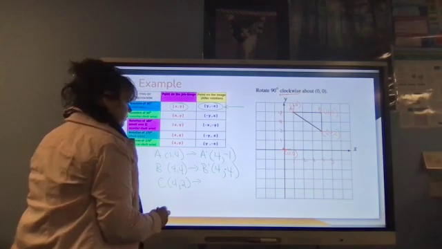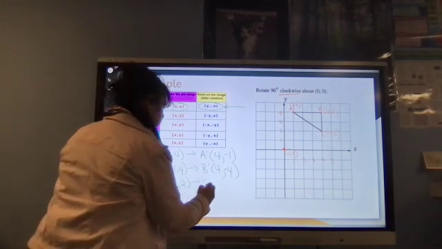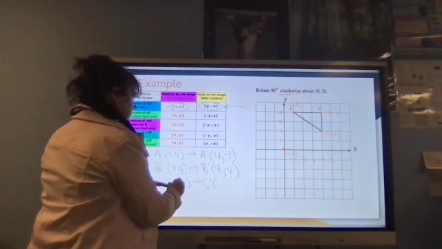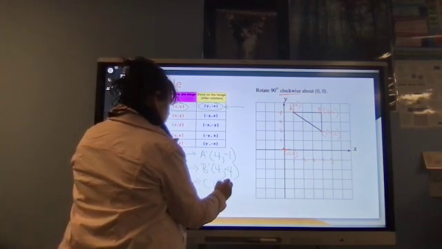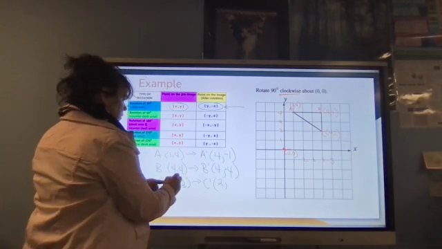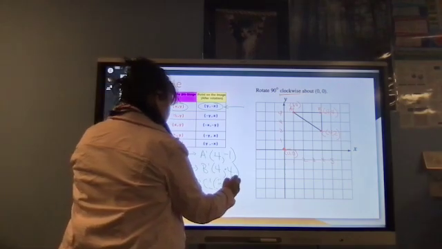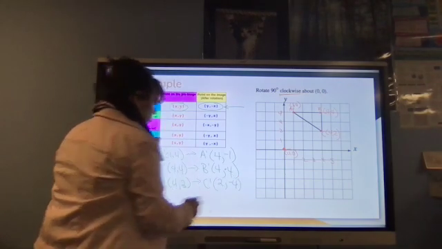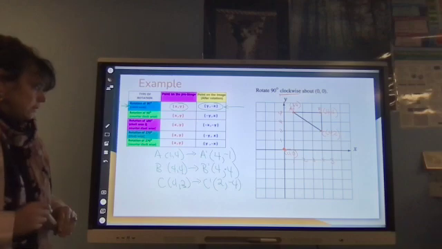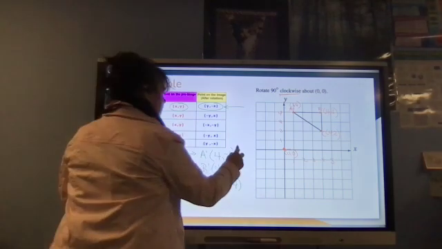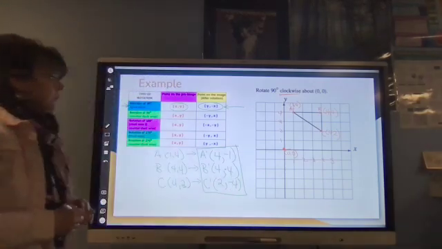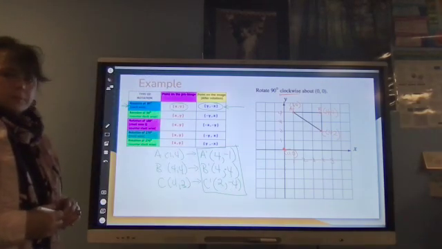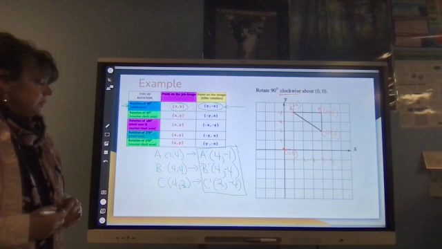When we transform this through the rotation to our C prime, again our y value is going to be our x value, and then our x now becomes -x for our y portion of that coordinate. So now we have found our rotated image, and then we would just plot it out and we would be good to go.